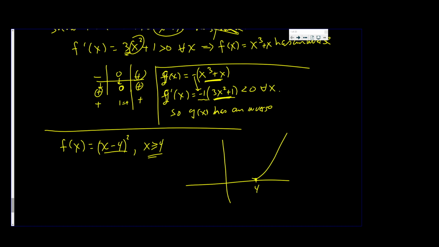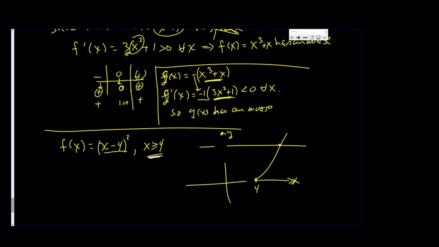It's this graph right here. And as we know, that graph fails the horizontal line test because that horizontal line, for example, crossed here and here. But we're not supposed to allow x to be less than 4. So all of this gets erased.